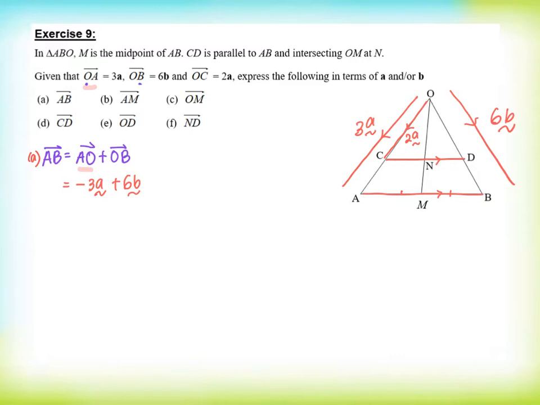Part B. Now, what do they want us to find? A to M. Now, we know that A to M, M is now the midpoint. So, if A to B is given to be negative 3A plus 6B, A to M will be half of AB.